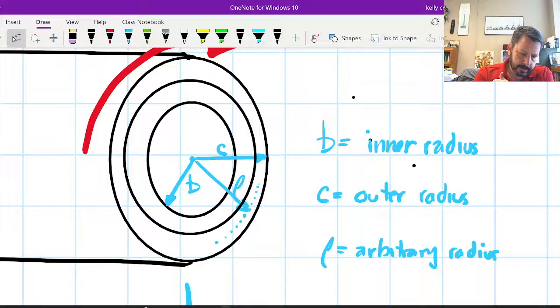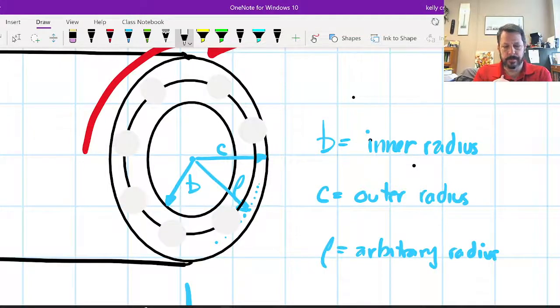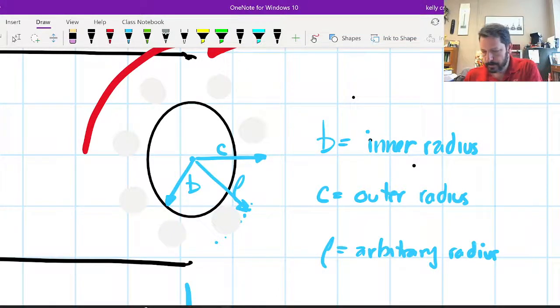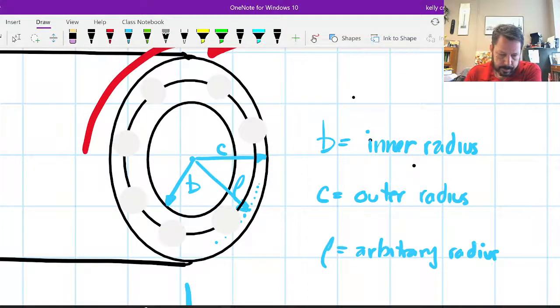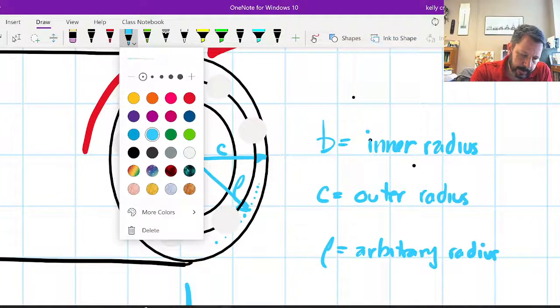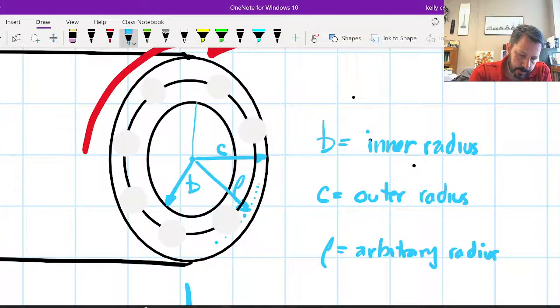We'll put a dotted line, a little dotted line there, and let's just put our rho variable on that dotted line. So rho can be any radius I want it to be in the shaft. So I'm going to say that it's the one that's landed on this dotted line.